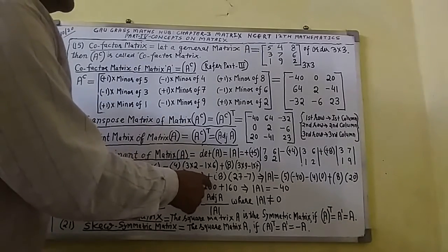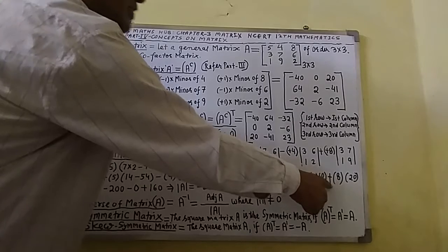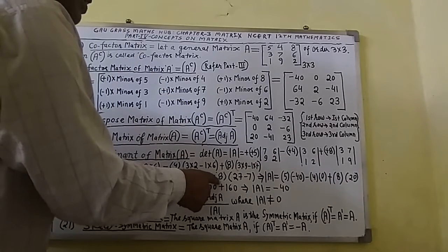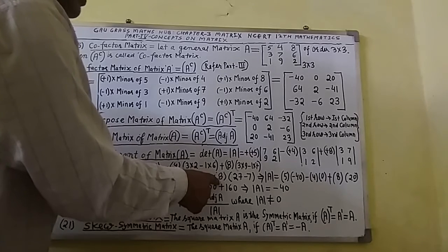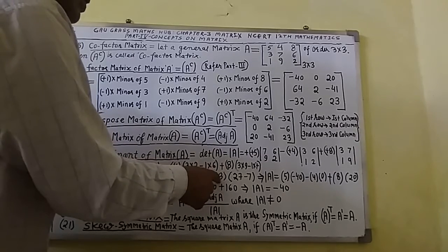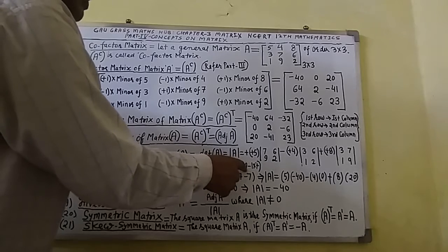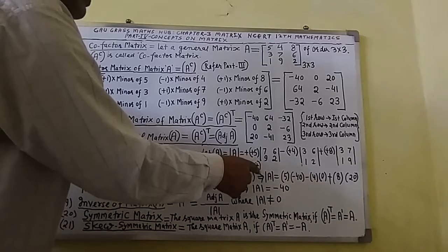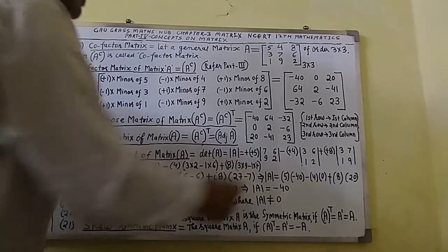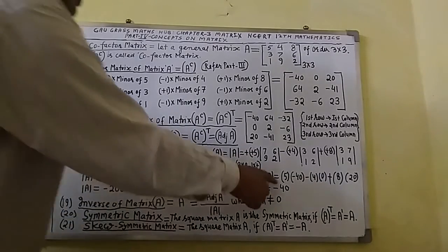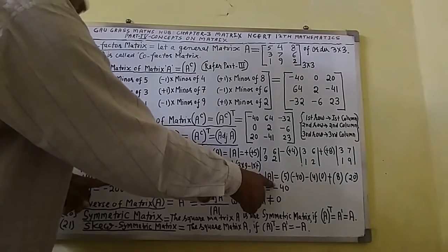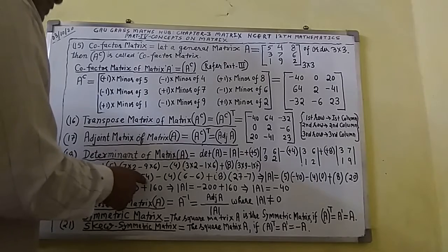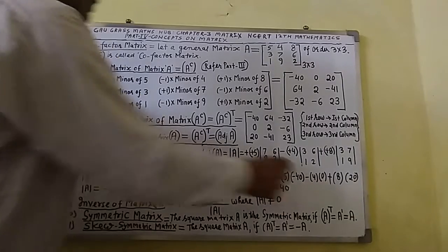And plus 8, I have written the plus, and this 8. 3 multiplied by 9 gives 27, minus 1 multiplied by 7 gives 7. This implies that det A comes out to be: this element becomes 5, and 14 minus 54 gives minus 40.